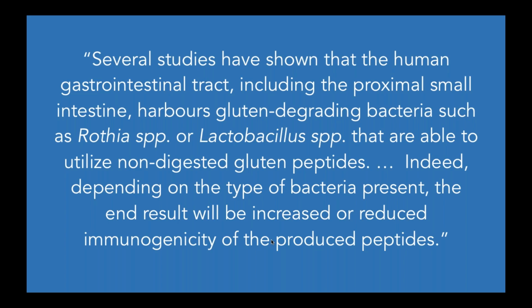So basically, the microbiome can also play a role directly in digestion and affect how that process happens. There are a couple of species mentioned in this article, in particular Lactobacillus, which is important for helping to reduce the antigenicity of various proteins, including gluten.